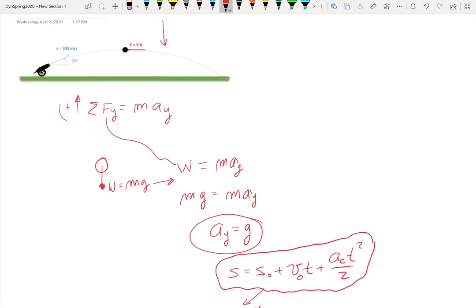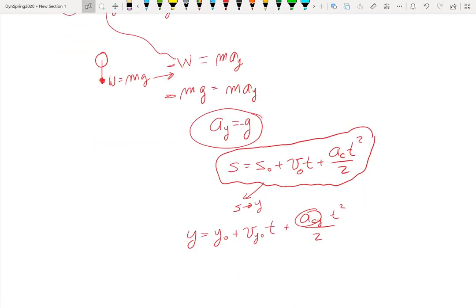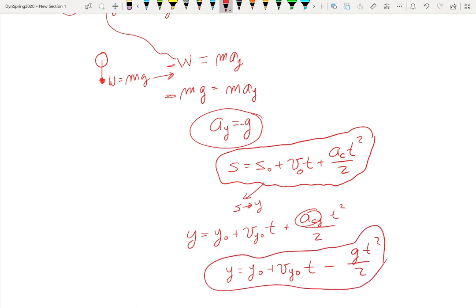Let me make sure I do this correctly. Positive is up, therefore the weight goes down, and you get a minus sign there. So y equals y naught plus vy naught t minus g t squared over 2. If you look back in chapter 12, that's the equation you have.